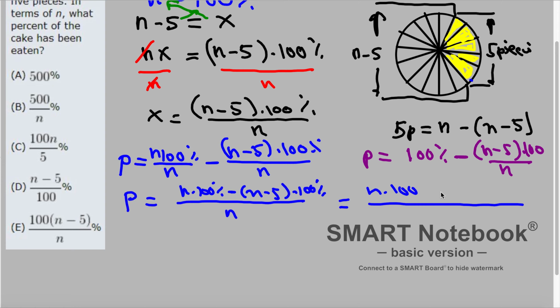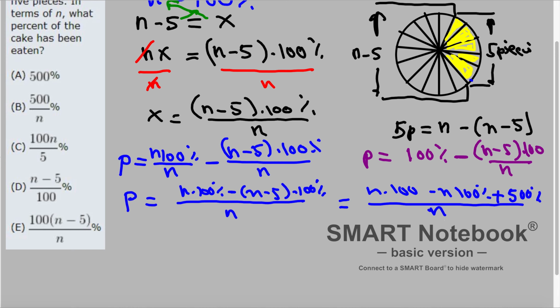So let's see what we can simplify a little bit. Minus times plus is a negative. n times 100% is minus n times 100%. So I'm just doing a little bit of algebra here. Negative times negative is a positive, and 5 times 100% is 500%. And everything here is divided by n.